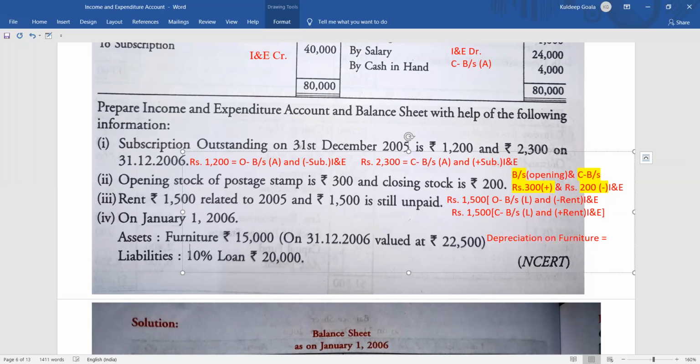So what will be the depreciation on furniture? What is the opening balance? 15,000, right? 15,000 plus the purchase.